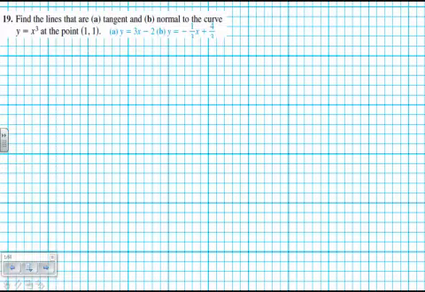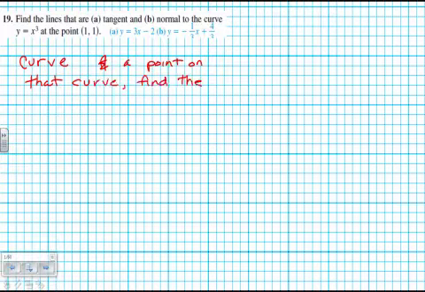And that is, given a curve and a point on that curve, find A, the tangent line, and B, the normal.